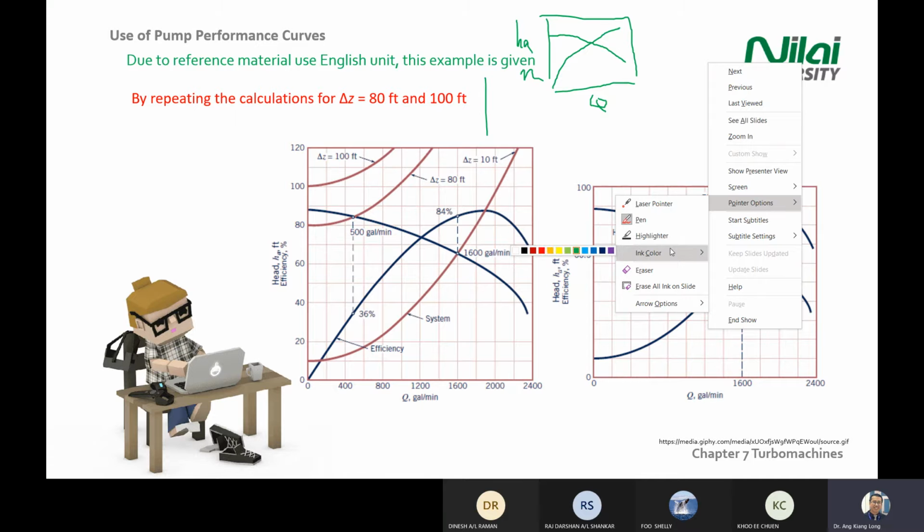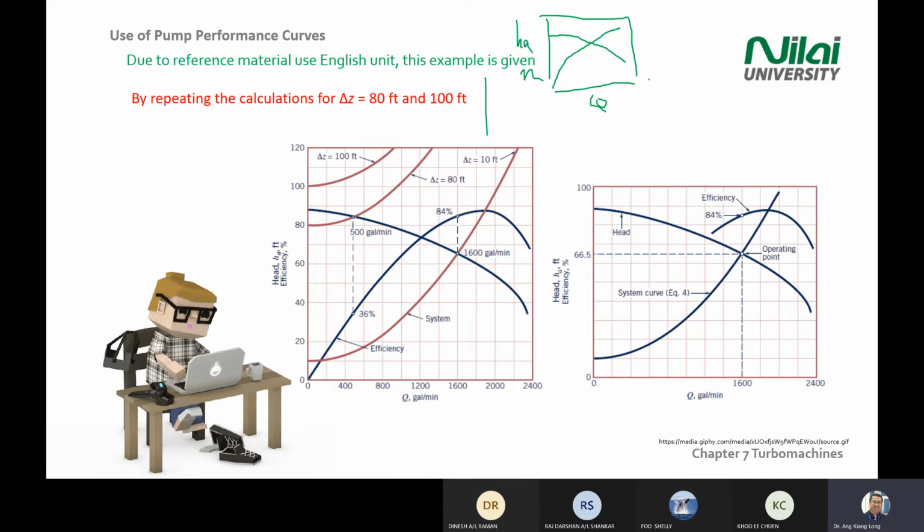Next, the procedure is standard. You calculate the system curve equation by using the energy equation. You get something plus something Q squared. Then you go to the manufacturer graph and plot this HA graph.